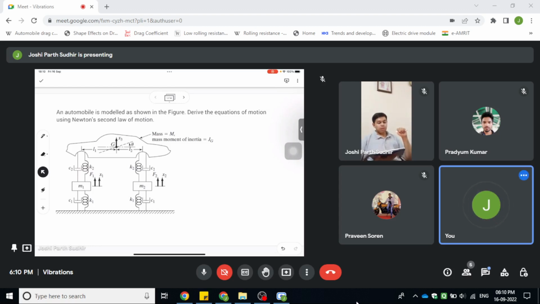The rotation theta represents the pitching motion, and the coordinate x3 represents the up and down motion of the car body. Now here the spring and damper C2 and K2 represent the suspension.